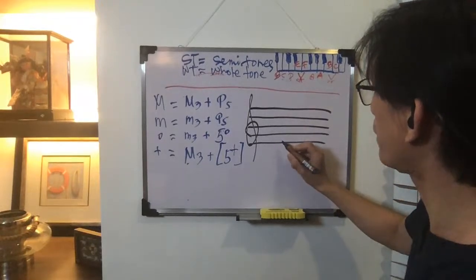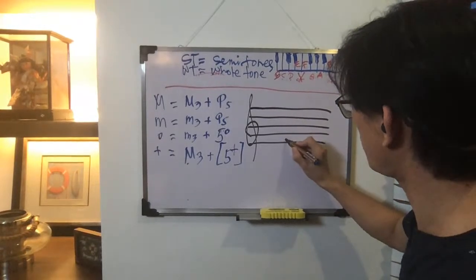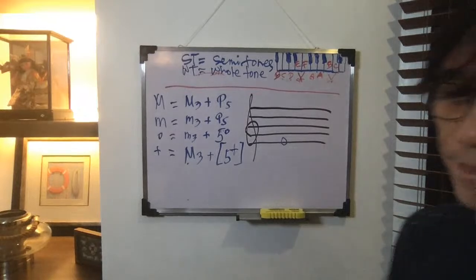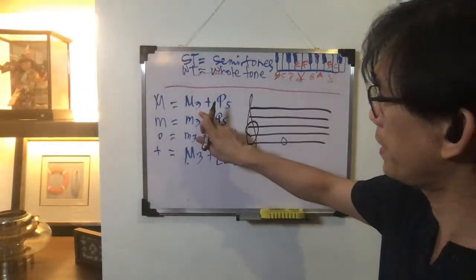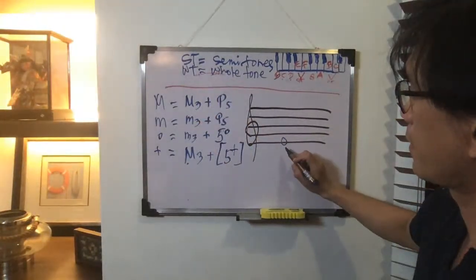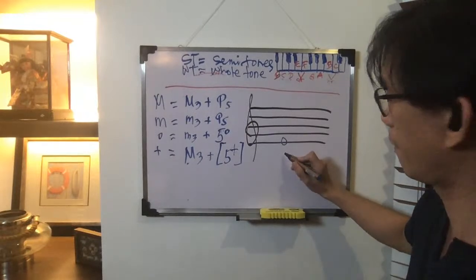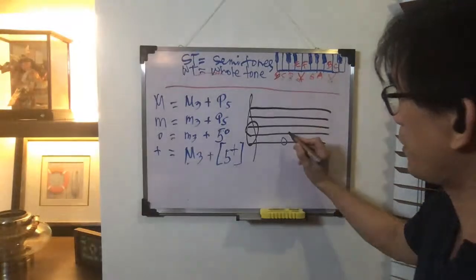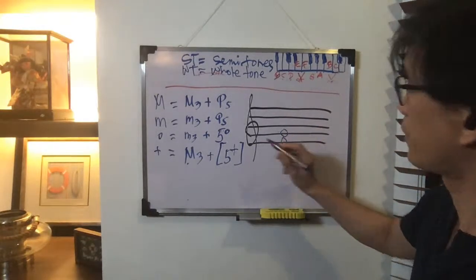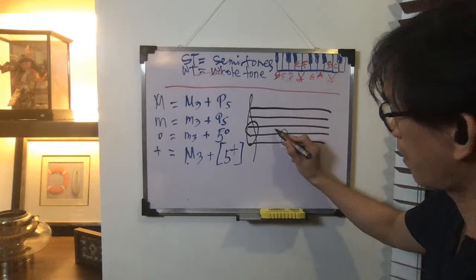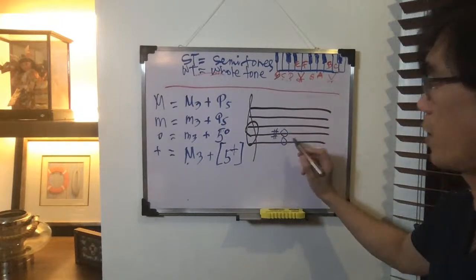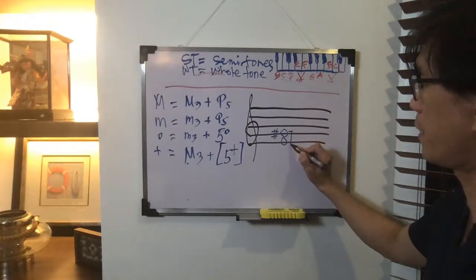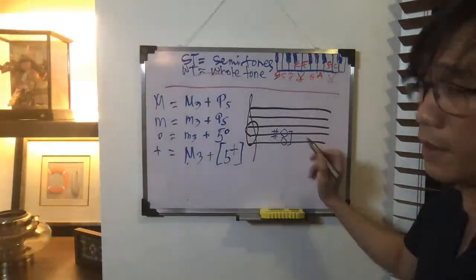If the lowest note is E, we need a major third. So this becomes the tonic. So in E major scale, the G has a sharp. To make it a major third, automatically we have to put a sharp there. So that interval here becomes major.